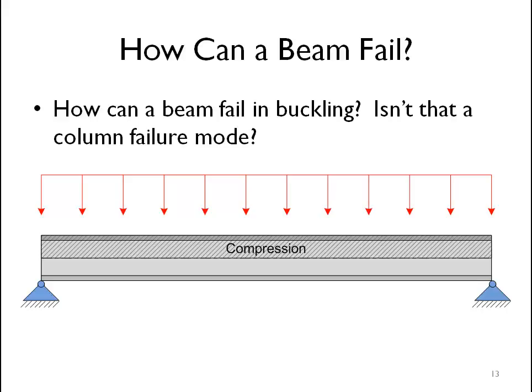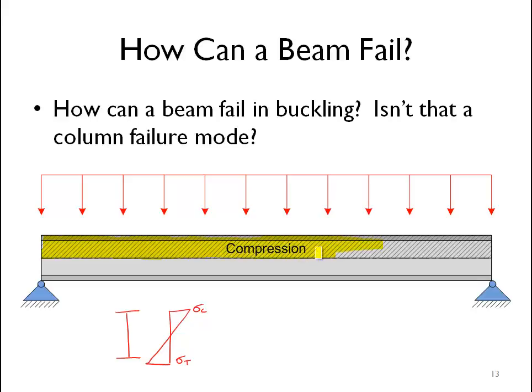And the reason that we have to worry about buckling in beams is that when we consider the distribution of flexural stresses along a beam's cross-section, so if in this figure I'm showing an I shape, and here I'm sketching a cross-section view. If we are in positive bending, I can expect compressive stresses at the top and tensile stresses at the bottom. And that means that the whole portion of the beam above the neutral axis is in compression.